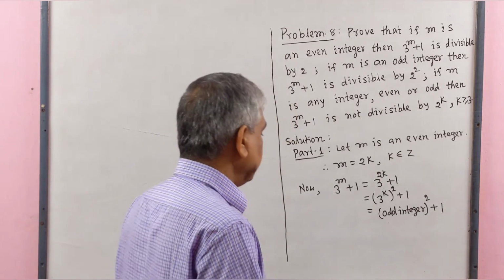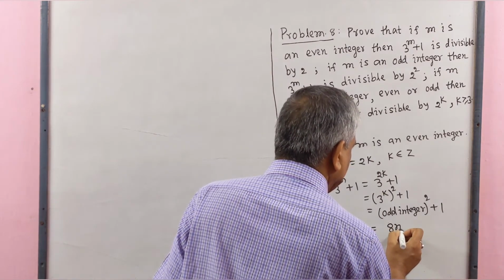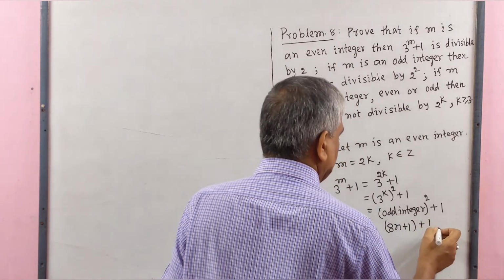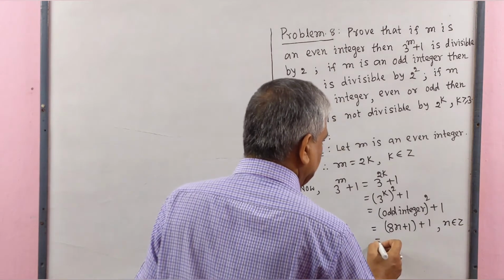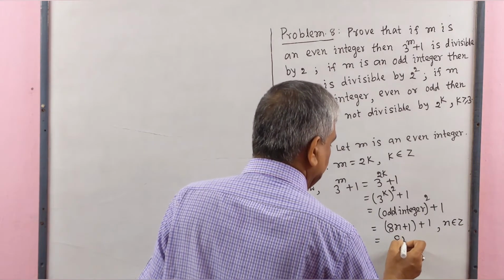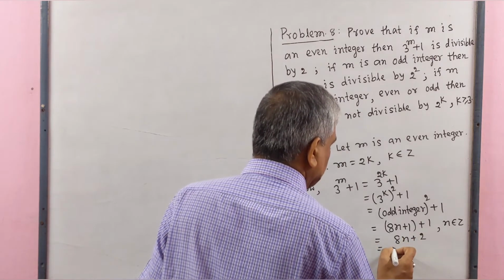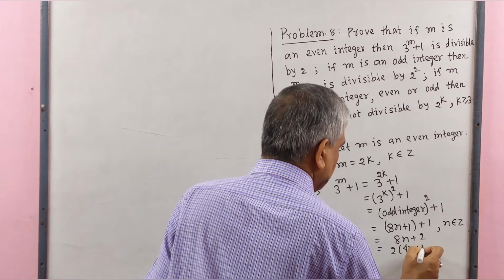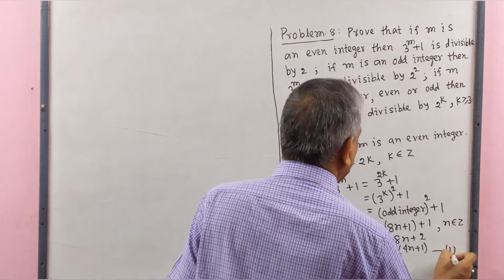Here we write this equal to 8n plus 1 plus 1, n belongs to Z. This equal to 8n plus 2, and this equal to 2 times (4n plus 1). Let this be number 1.